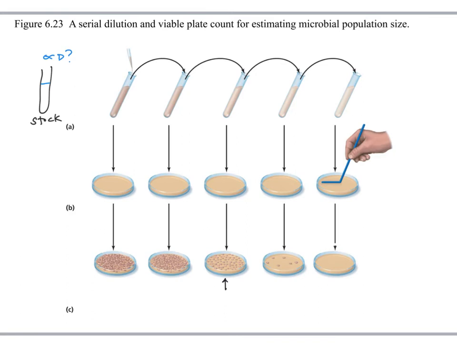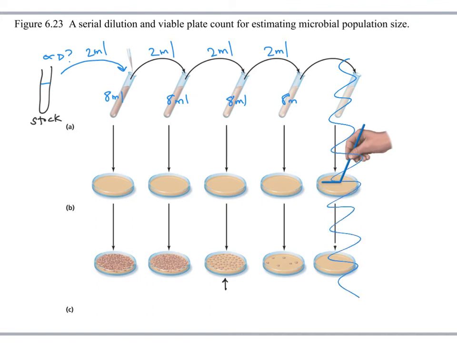Given that you're taking out, and let's see, this tube, you're taking out 2 mils and putting it into 8 mils. We're going to do that a few times. Just ignore this last one, we don't need that.